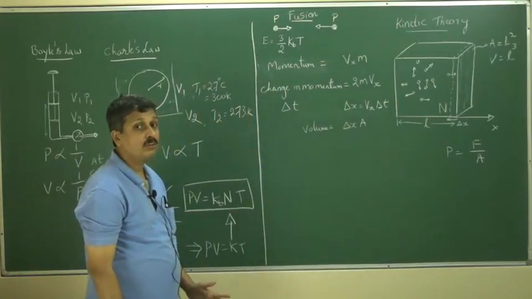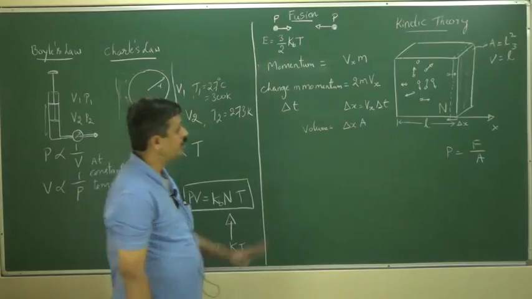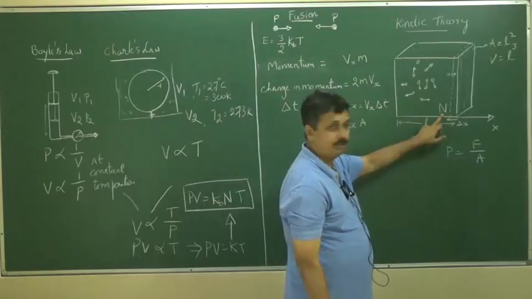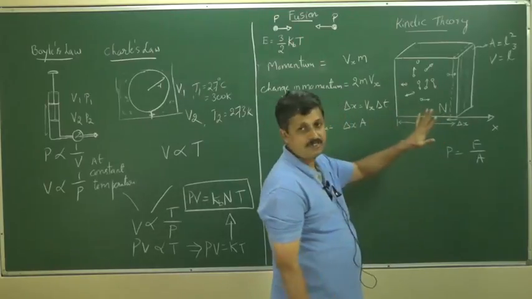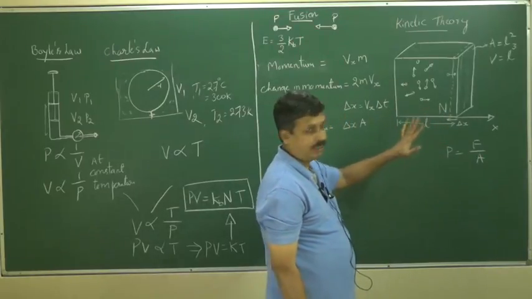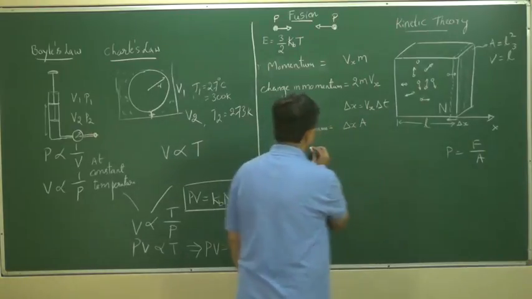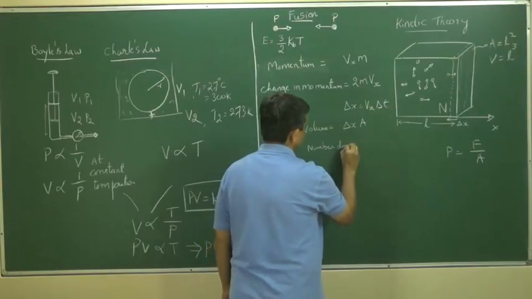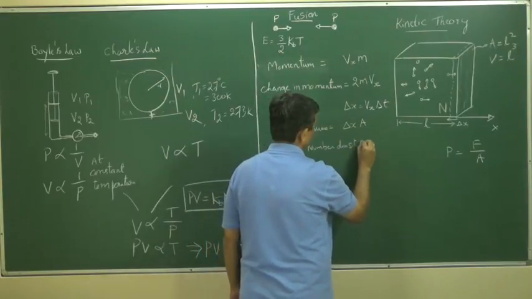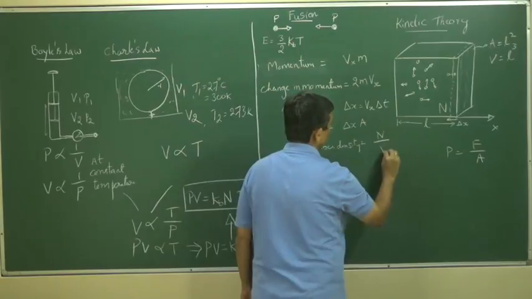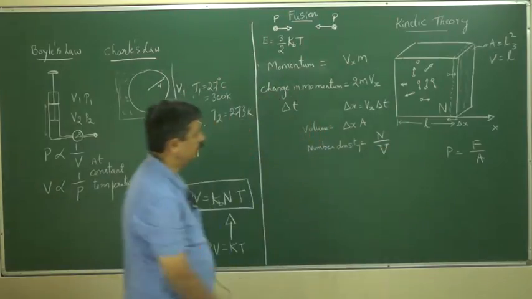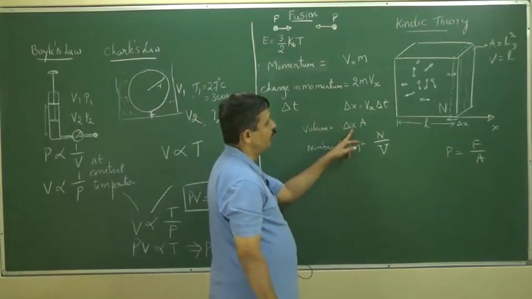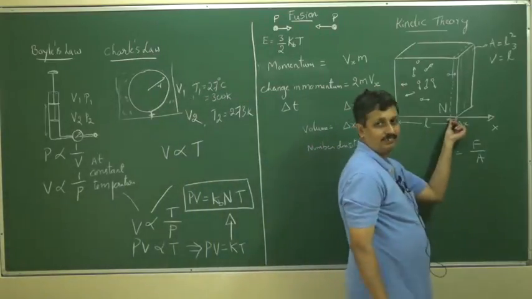How many molecules are in that? Let us say in the whole of this thing there are N molecules, and the whole volume is, let us say, capital V. So now the number density is equal to total molecules divided by total volume. That into this small volume will give you the total number of molecules here.